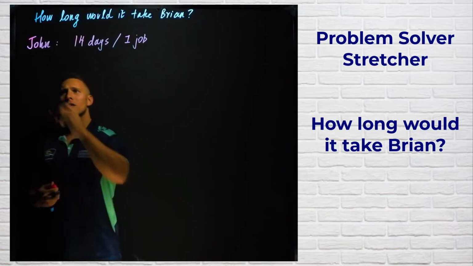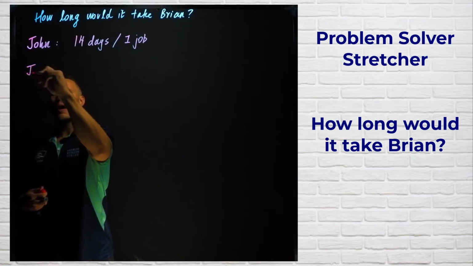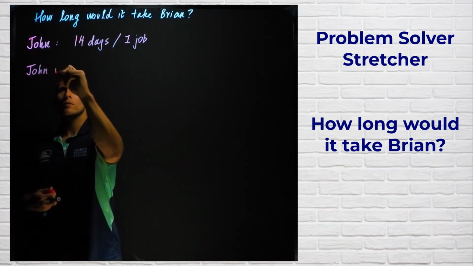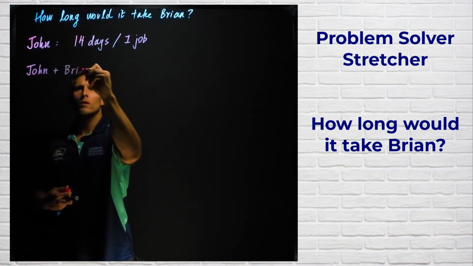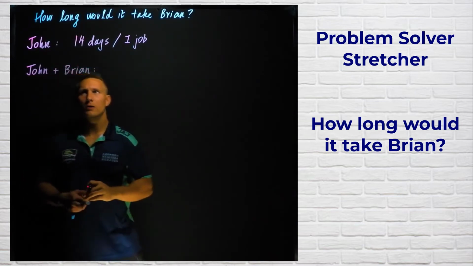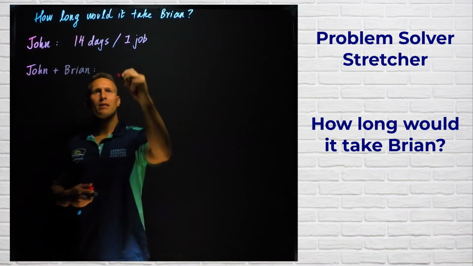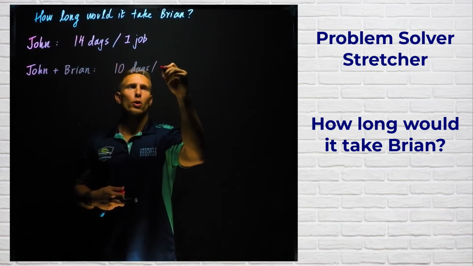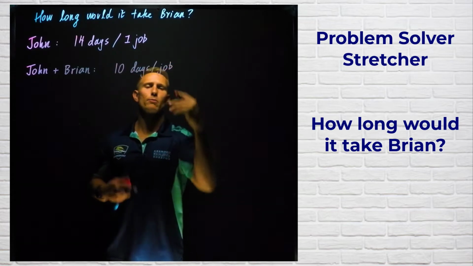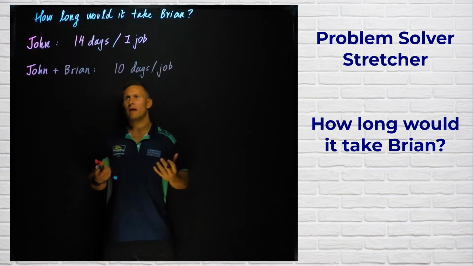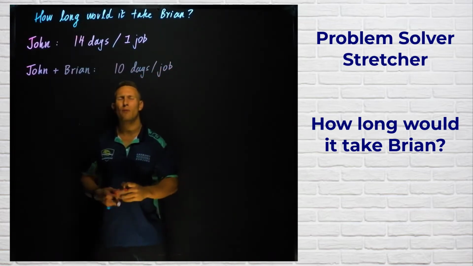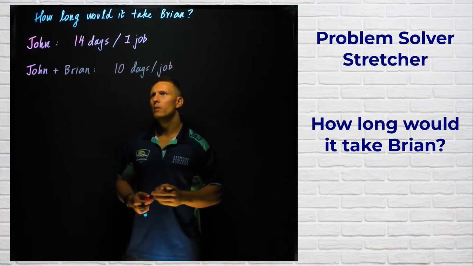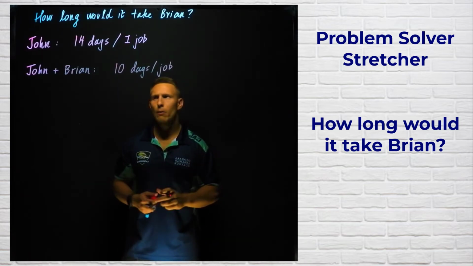We also are told that if John and Brian work together, it's going to take them 10 days per one job. And we know that if two people are working instead of one, it's going to be a quicker turnaround to complete the same amount of work.